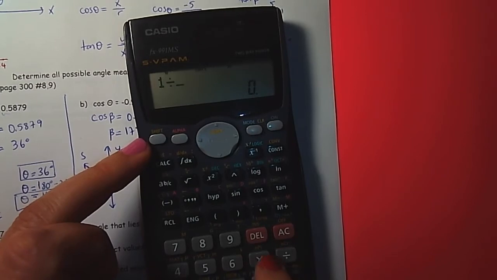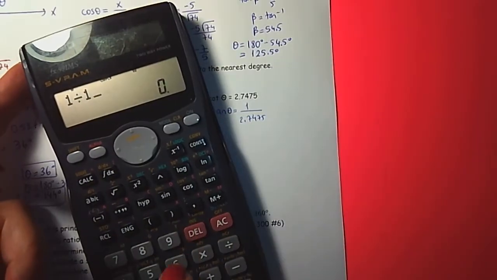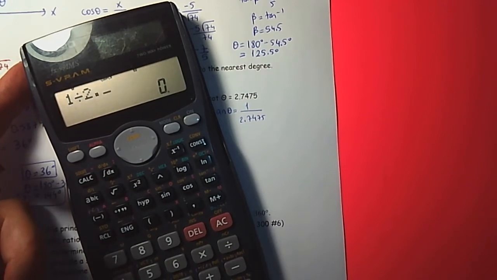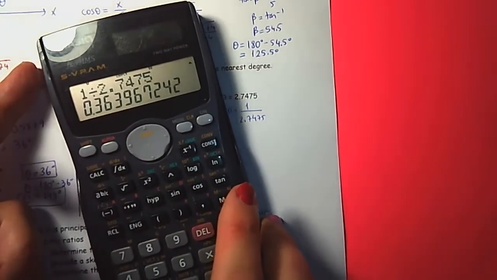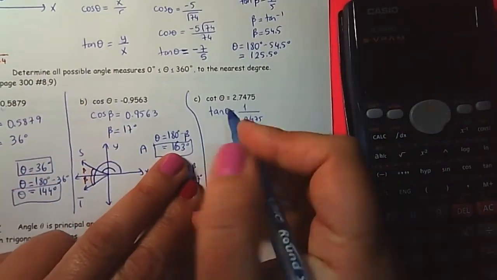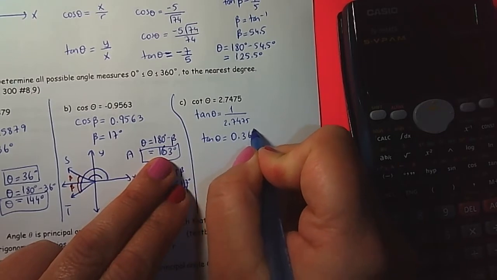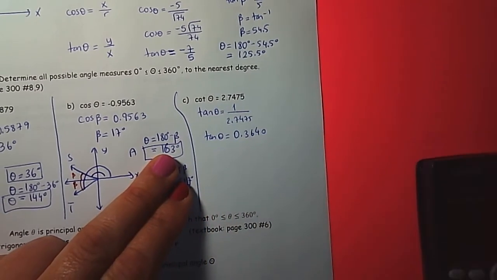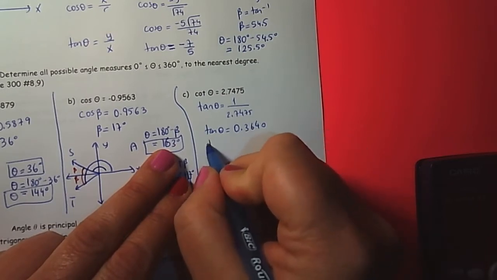So 1 divided by 2.7475 gives us 0.3640 almost. So tangent theta is 0.3640. Now again, we never do tan inverse from here.